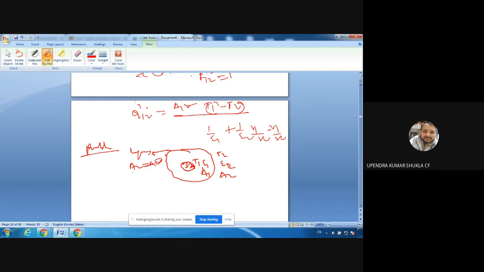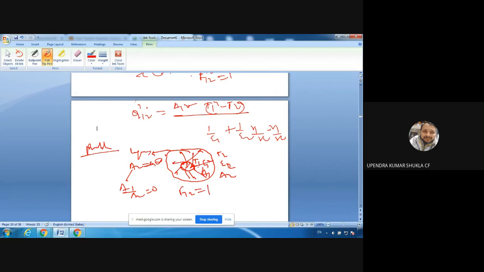A2 tends to infinity means A1 by A2 is equal to 0, and F12, since this surface is small, all radiation emitted by this small convex surface reaches the other surface, so F12 is 1.